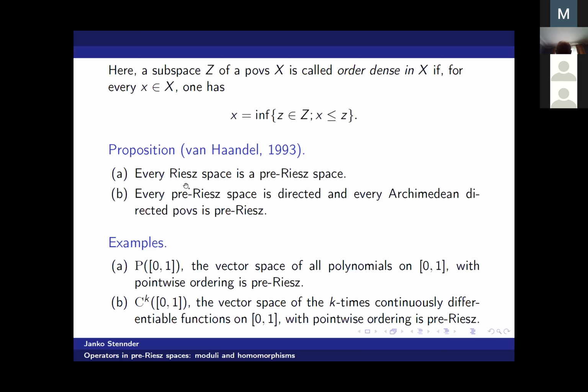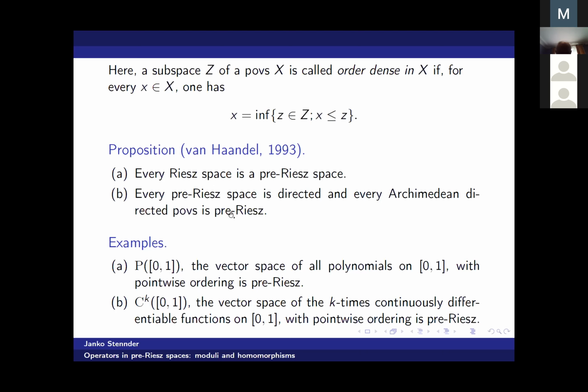And some very basic properties about pre-Riesz spaces is that every Riesz space is of course a pre-Riesz space, so it's a reasonable generalization. And also we know that every pre-Riesz space is actually directed, and every Archimedean directed partially ordered vector space is pre-Riesz.